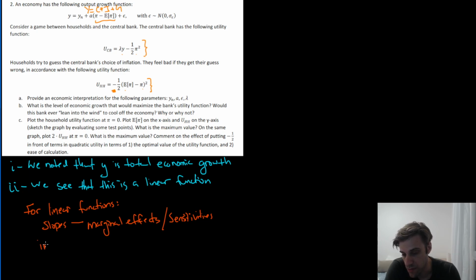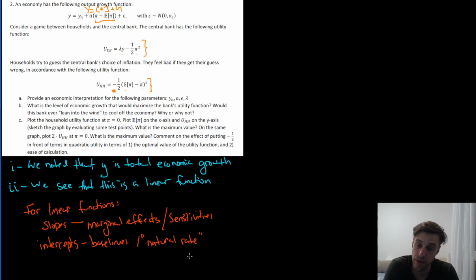For intercepts, we talk about baselines. We talk about natural rates, like the natural rate of inflation or the natural rate of unemployment. This is what it would be if there was nothing else. If this inflation gap, this expectation gap, were zero, then we would just be left with yn.